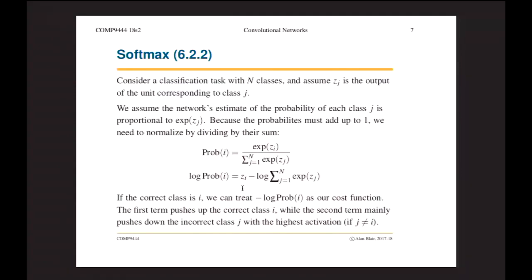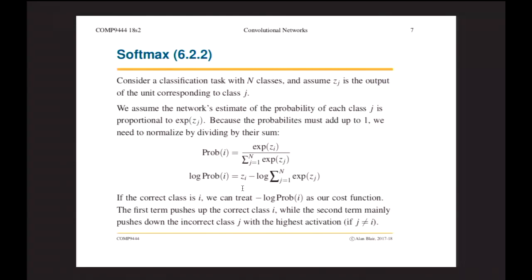I want to increase it, basically, right? Because when I take the derivative of that first term, that's going to increase all the weights that are leading into the correct class, right? So I want to increase the output for the correct class.